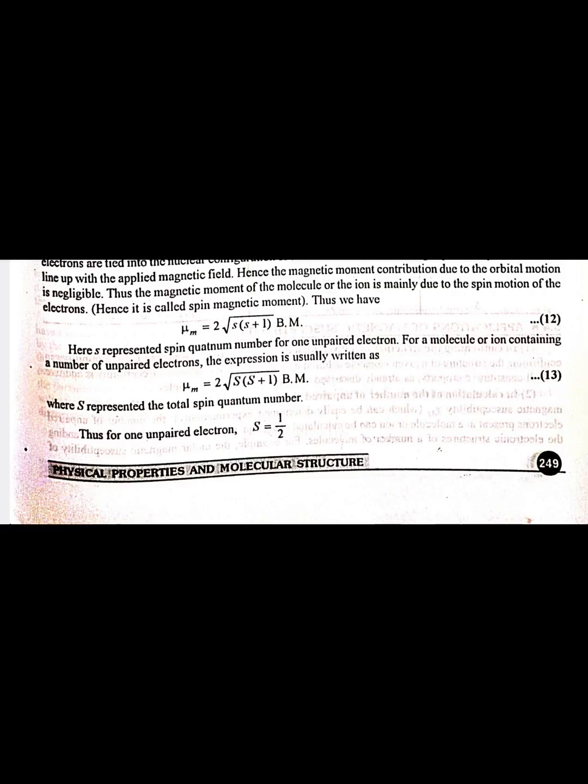Here S represents the spin quantum number for one unpaired electron. For a molecule or ion containing a number of unpaired electrons, the expression is usually written as mu m is equal to 2 into under root S into S plus 1 into BM, equation 13, where S represents the total spin quantum number.